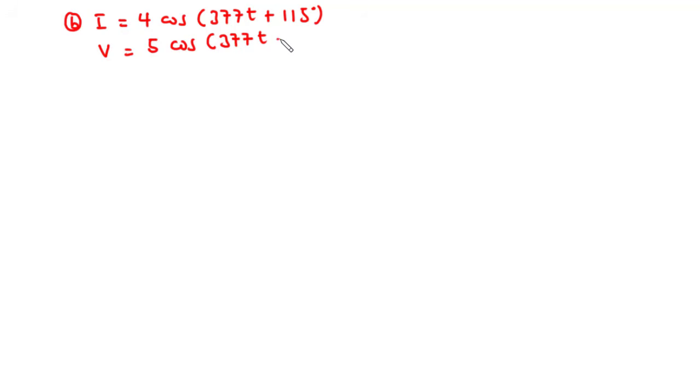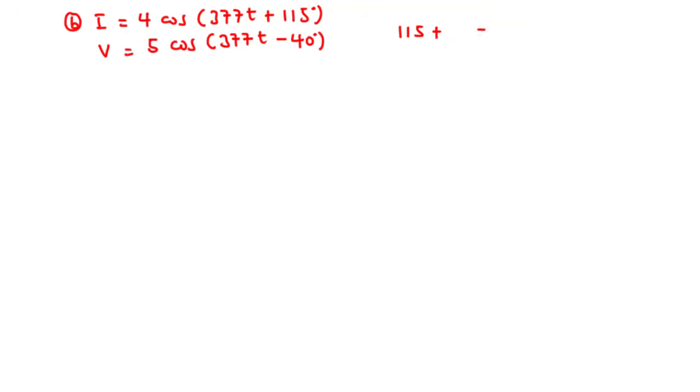377t minus 40 degrees. Now we can express negative 40 as 115 plus a certain value that is equal to negative 40. Now 115 plus negative 155 is equal to negative 40.